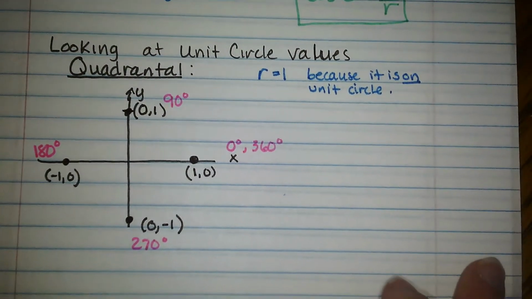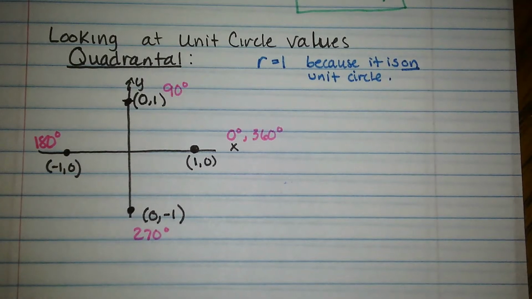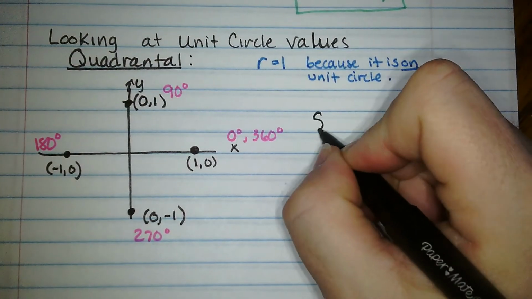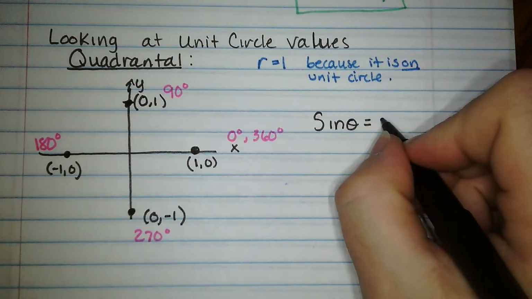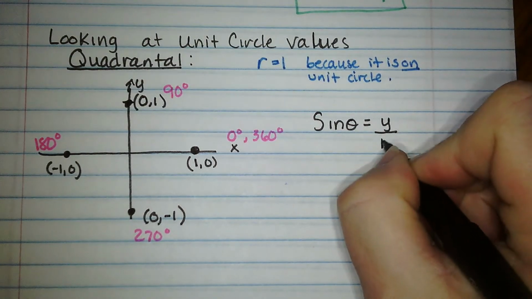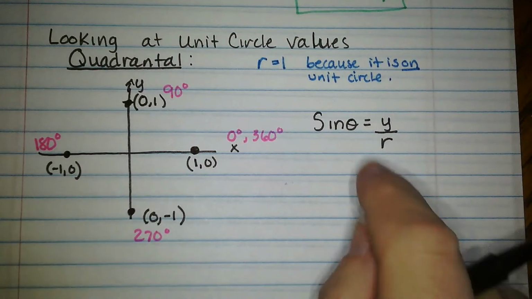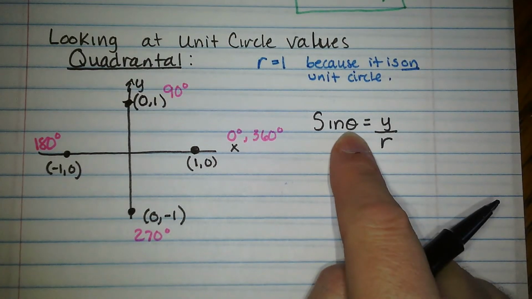Okay, so I can ask you, what's the sine of 90 degrees? And just by looking, you'll be able to tell me. And this is how we do it. Sine of theta, like we talked about in the previous slide, is y divided by r. All I have to do is know what degree we're looking for.